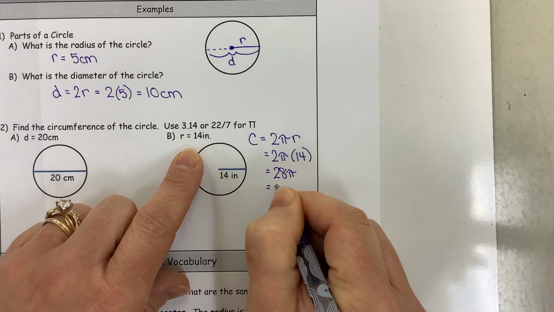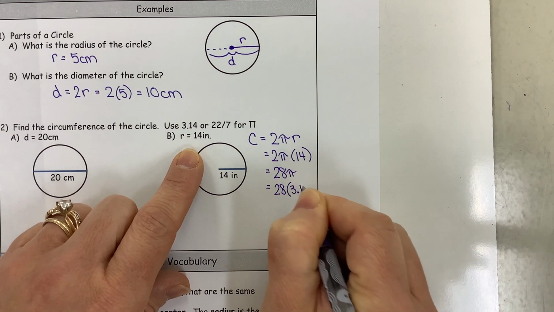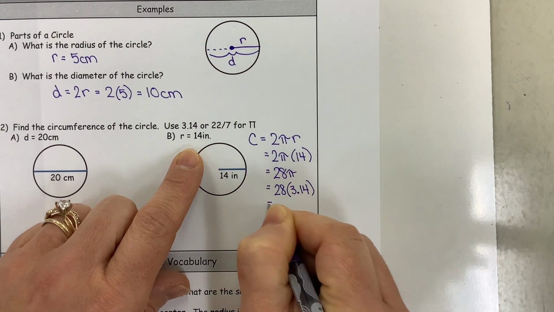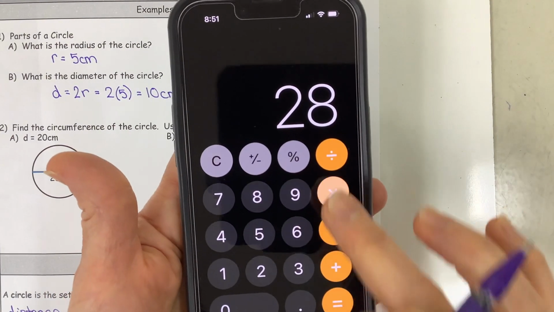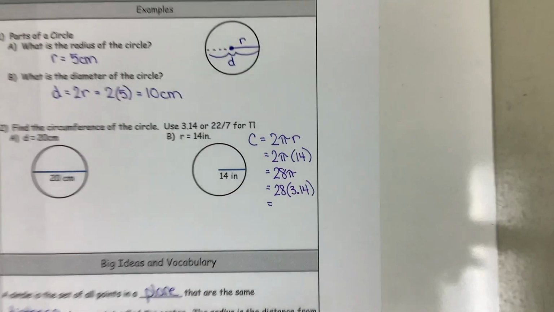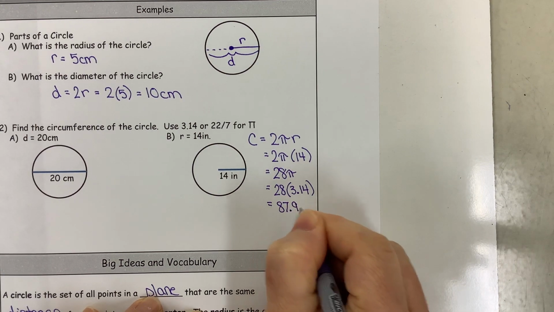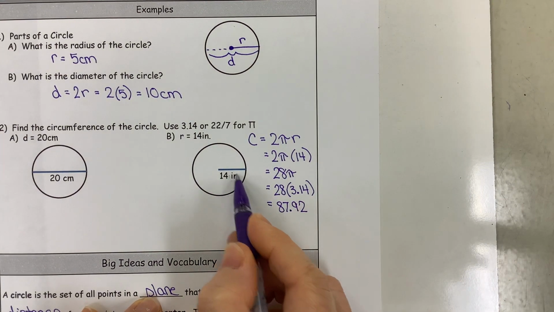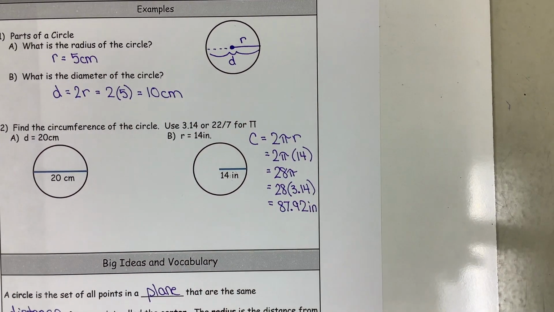And now I'm going to take 28 times 3.14. Okay, so when we do that, we get 87.92, so 87 and 92 hundredths, and then it is going to be measured in inches. Okay, and that's how we'll find the circumference.